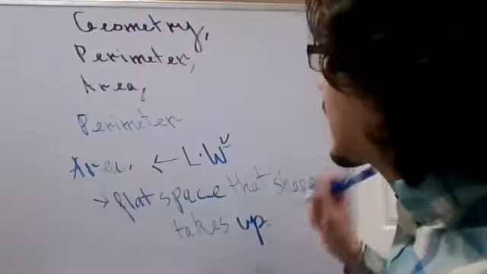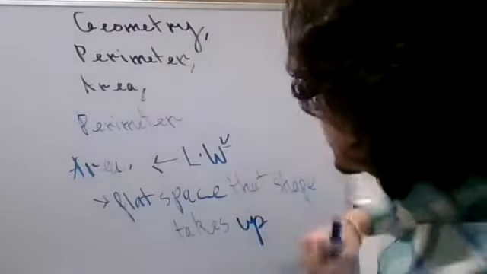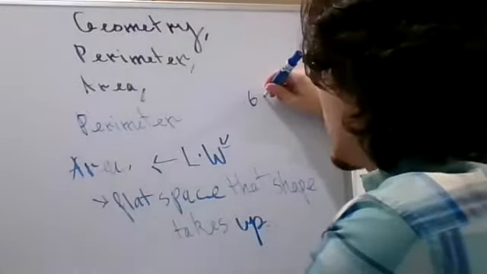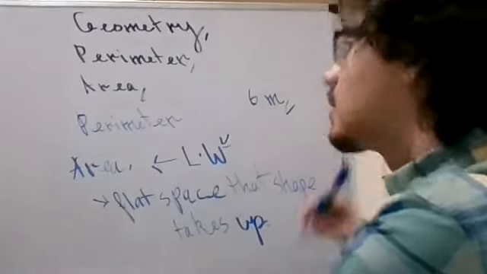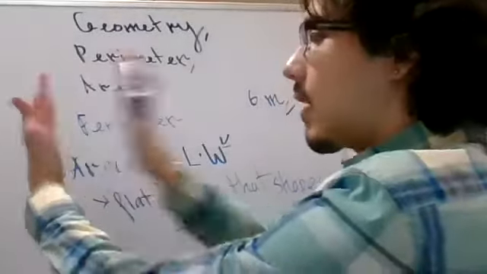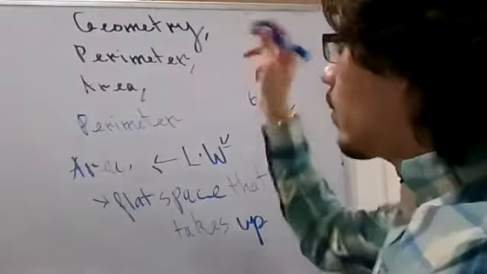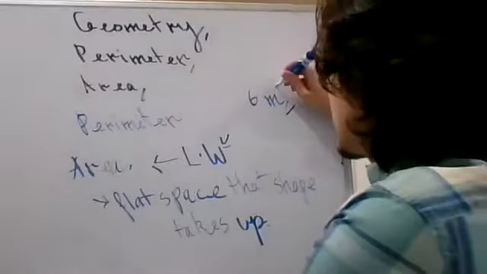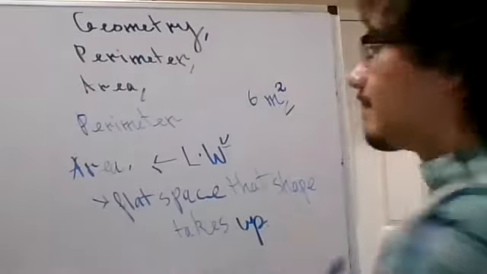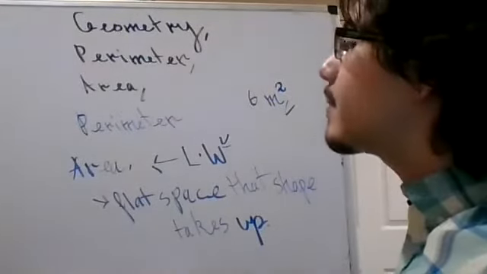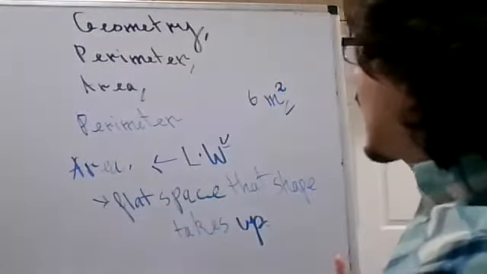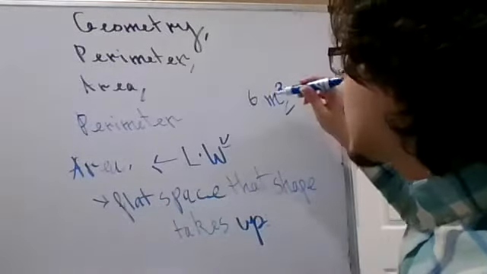So we cannot say that the area of a shape is 6 meters, because 6 meters describes a length. So the way we write it is 6 meters square. And 6 meters square describes how long the shape is and how tall the shape is.